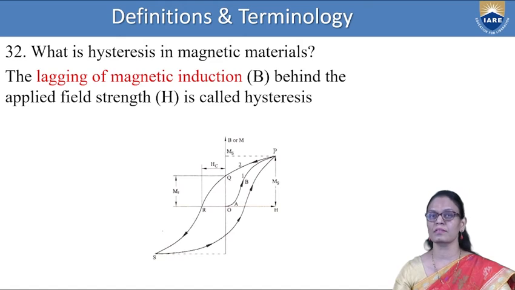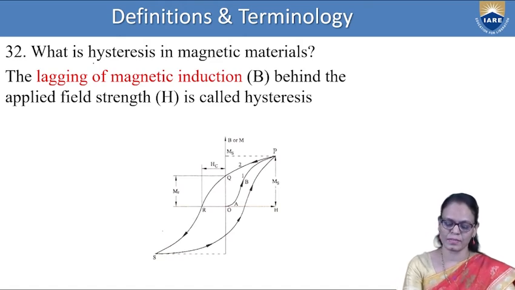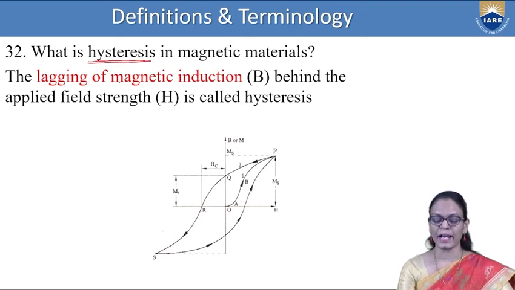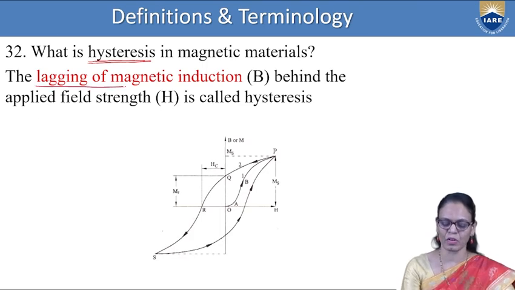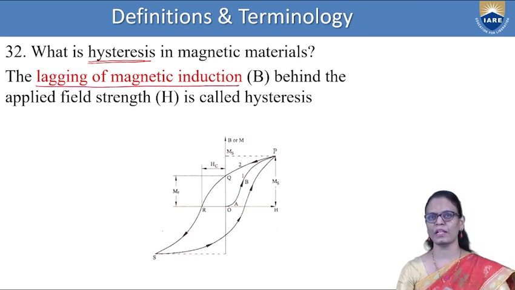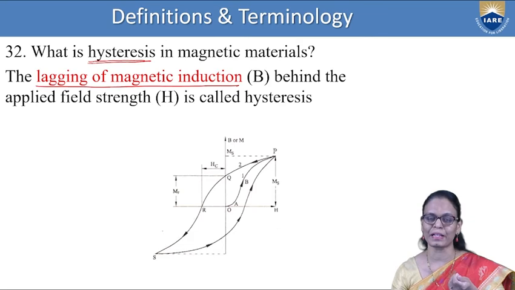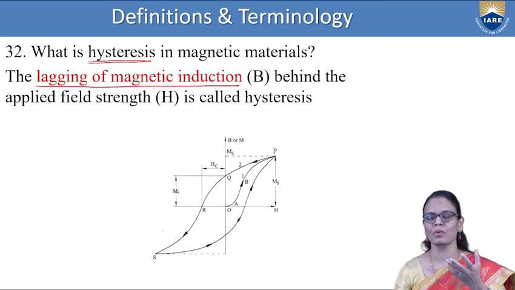Now, what is hysteresis in magnetic materials? Hysteresis is the lagging of magnetic induction B behind the applied field strength. If you take a ferromagnetic material and apply a magnetic field strength to it, slowly all the domains will be aligned in the same direction and magnetism will be induced in it.